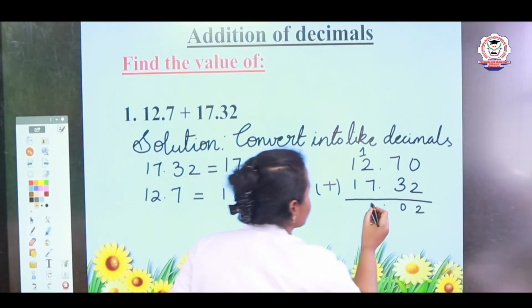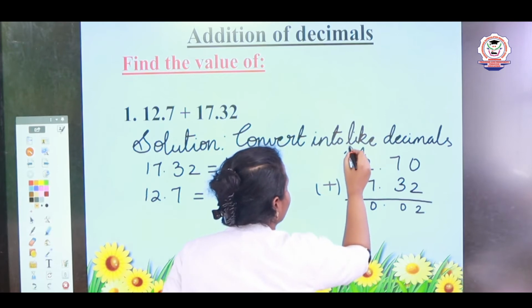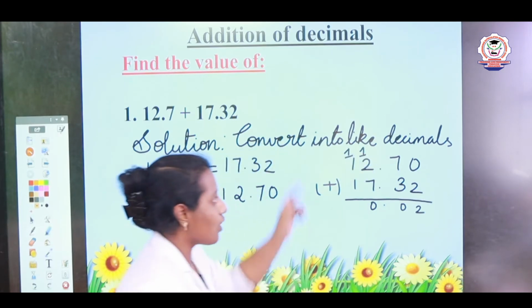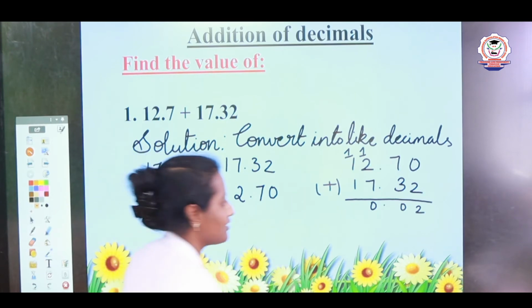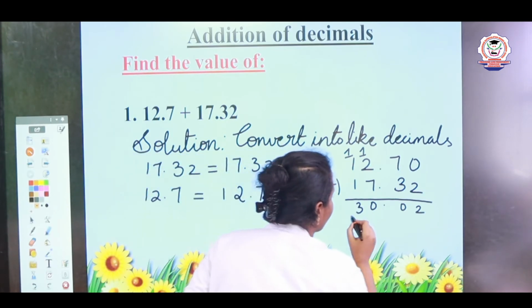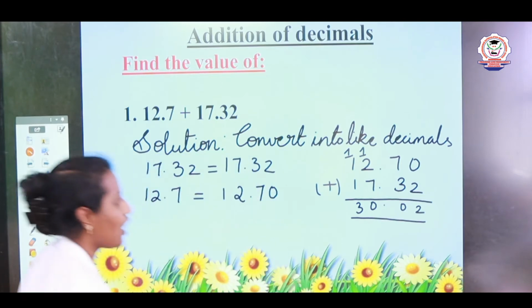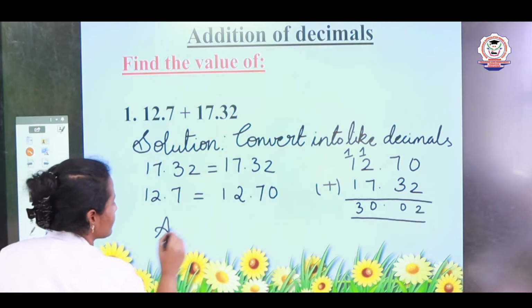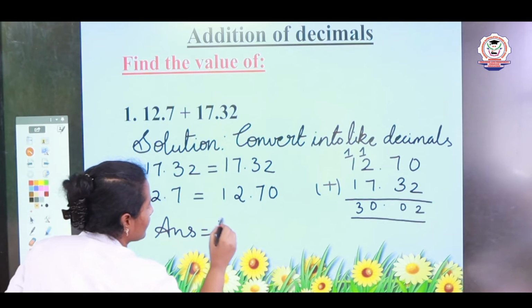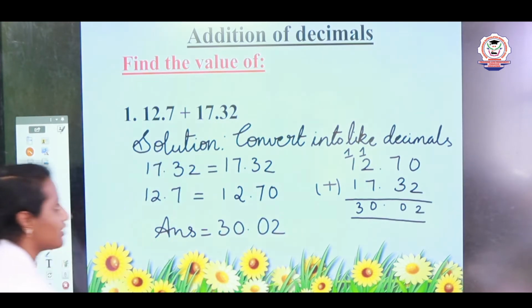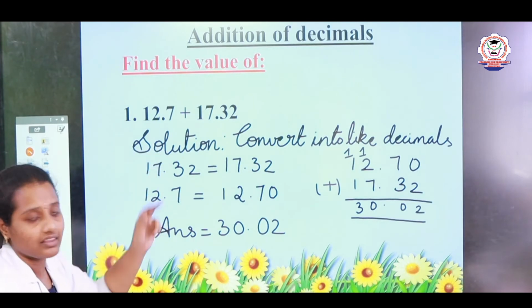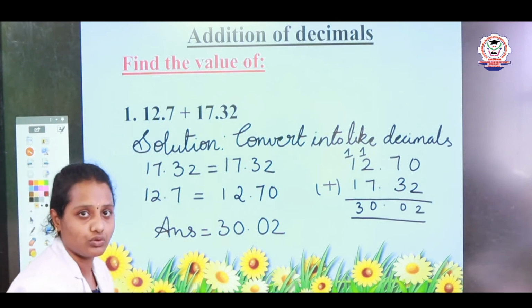So we put 0 down and carry 1 to the next one. 1 plus 1, 2. Very good. 2 plus 1, 3. So while adding these numbers, we got the answer 30.02. Yes, my dear children, while adding these numbers, we get the value 30.02.